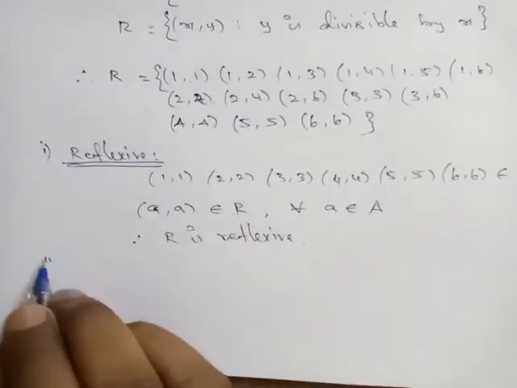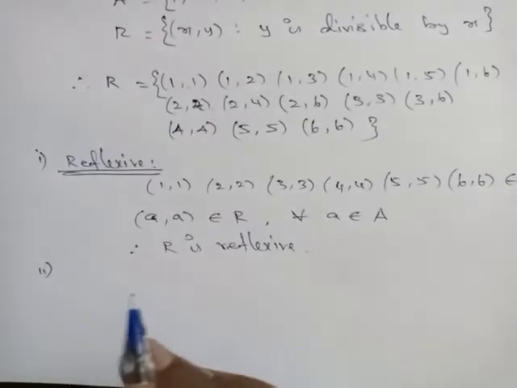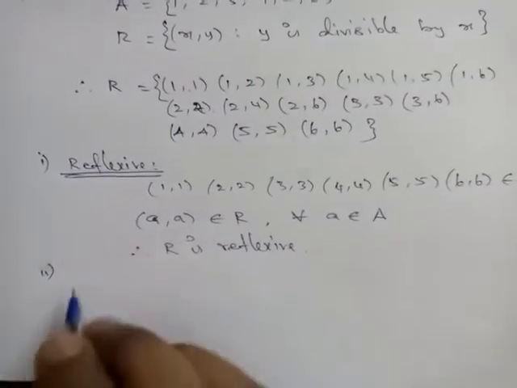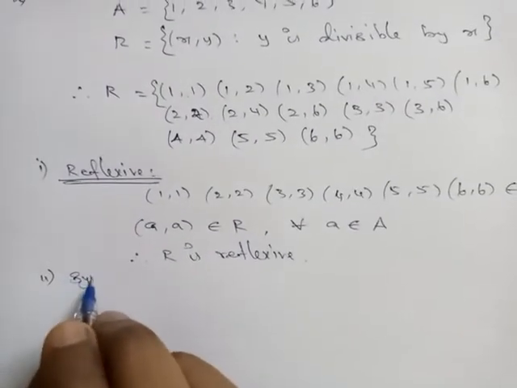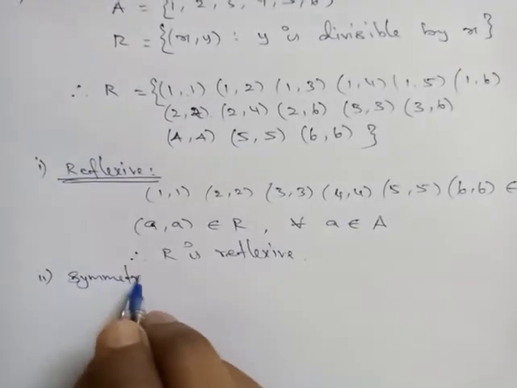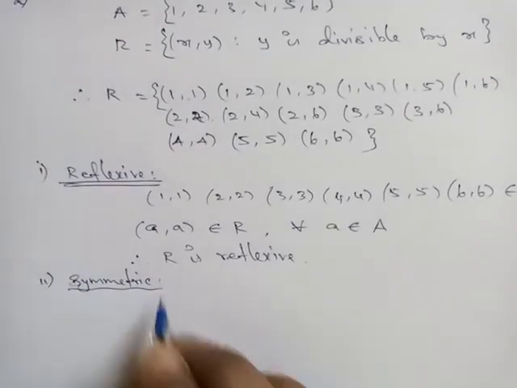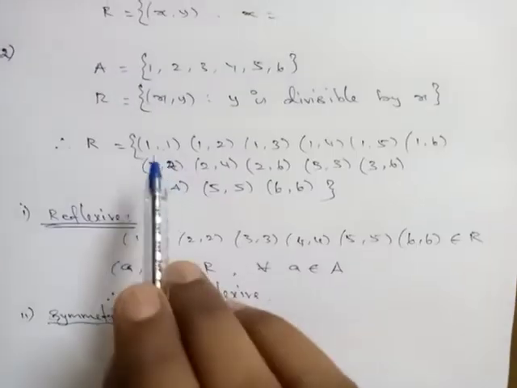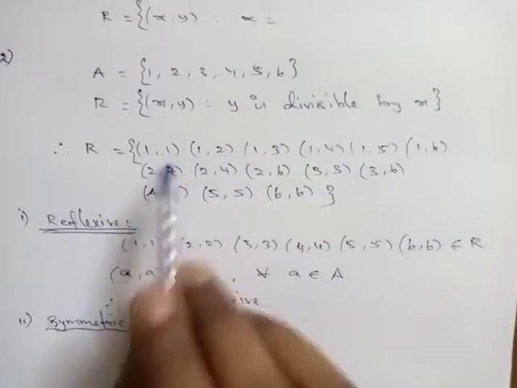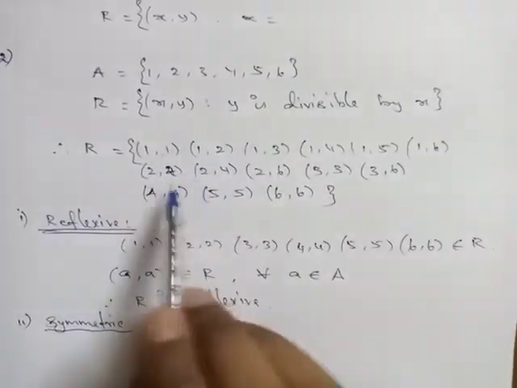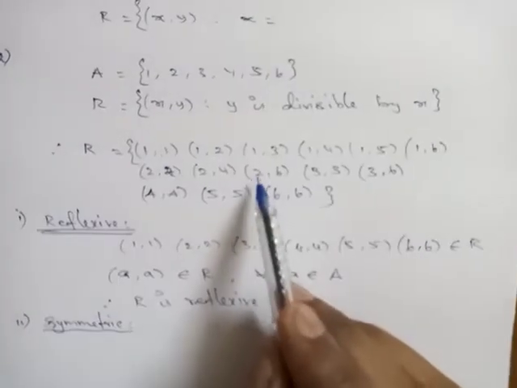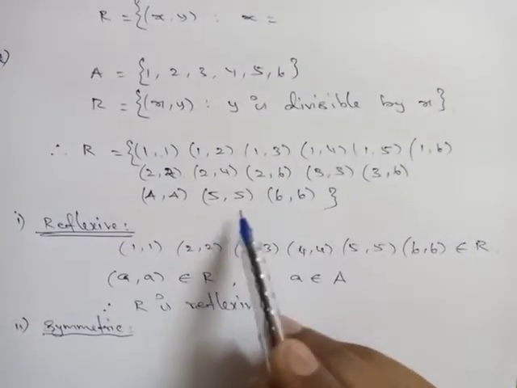Okay, next check for symmetric. What is the condition for symmetry? Recall that. Yeah, (1, 2) is there means (2, 1) must be there, right? Is (2, 1) there? No. Suppose for example (2, 6) is there, (6, 2), no, it's not there.